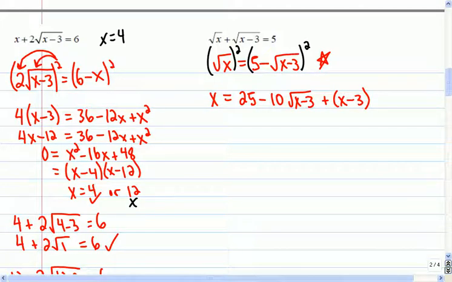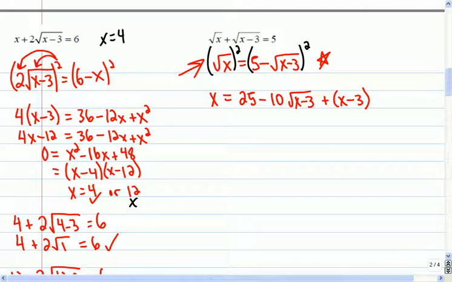But now that we take a look at where we're at compared to where we started, how many square roots did we have when we started? 2 square roots. Now we have 1. That's gotten us back to what we did just a minute ago. So even though it got worse, by splitting it to either side, I was able to remove this square root. So I've got 1 less square root to deal with.